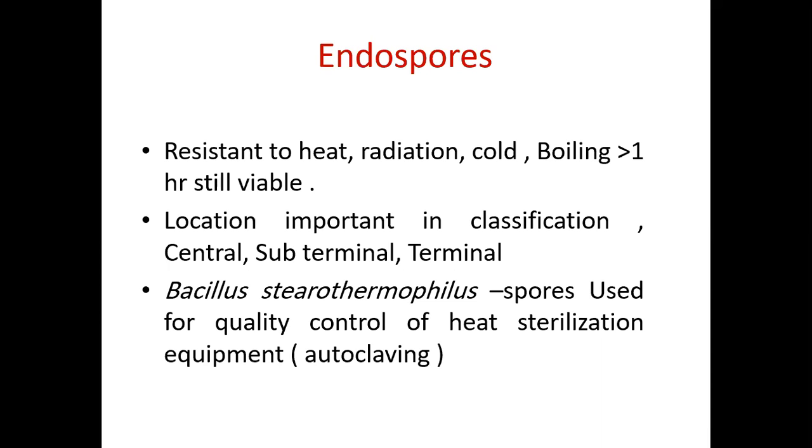Bacillus includes Bacillus anthracis, that causes anthrax, and Bacillus cereus, that causes food poisoning and other infections. Clostridium has many pathogenic species for humans, such as Clostridium botulinum, that causes botulism; Clostridium perfringens, a leading cause of gas gangrene; and Clostridium tetani, that causes tetanus.